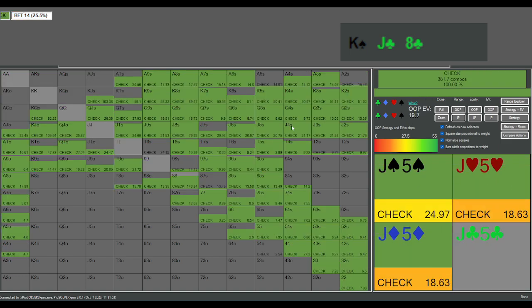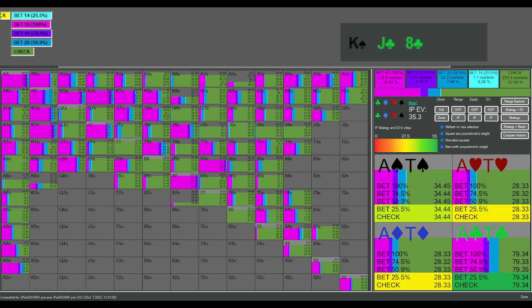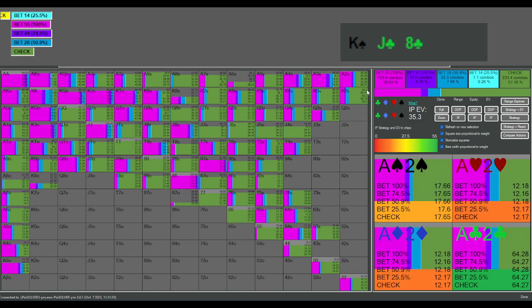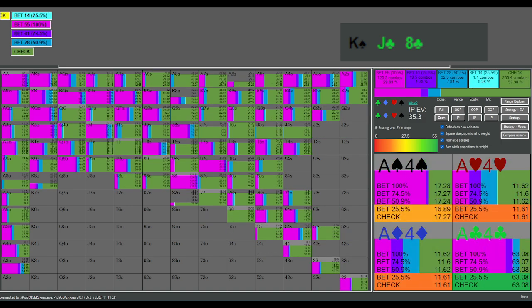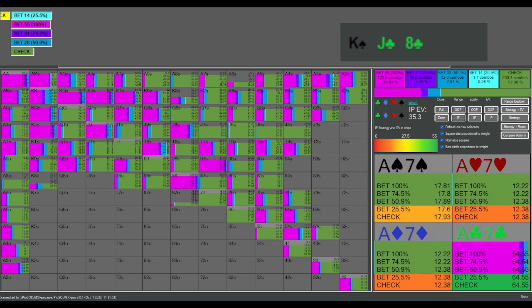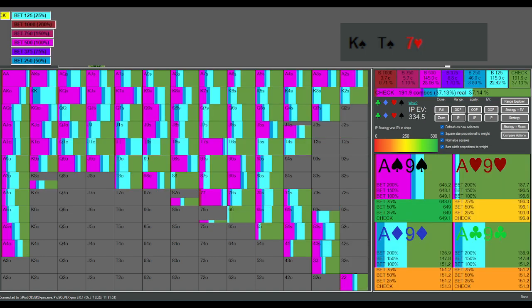Basically, the tighter the big blind is, the utility of this small bet just goes away, because the high cards in our range don't benefit nearly as much from betting, because they're not folding as much as they would at lower rake because they're tighter.